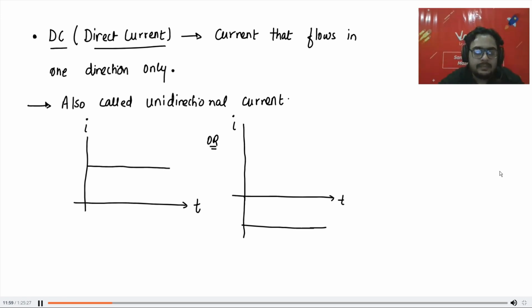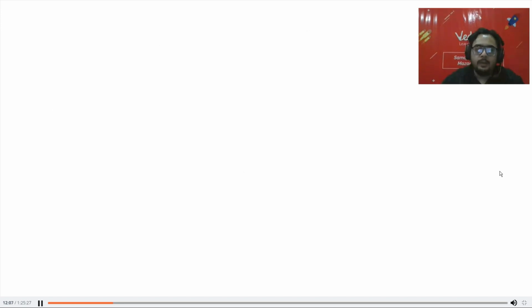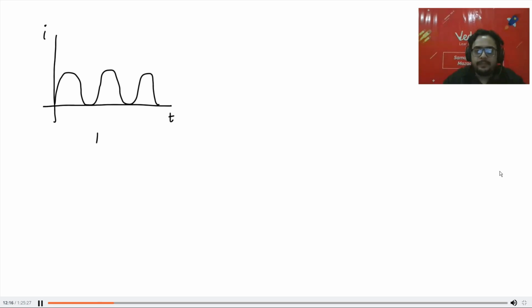What else? Is it necessary that the magnitude should remain same? Is it necessary that the line should be flat? No. If I draw it even like this, I and T, if I'm drawing like this, it is also your direct current.